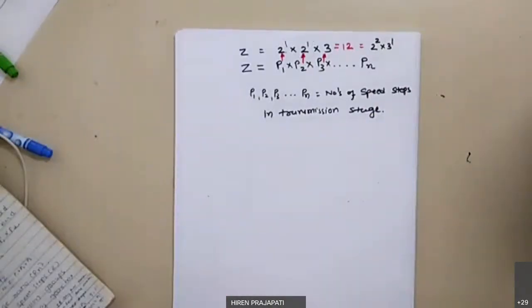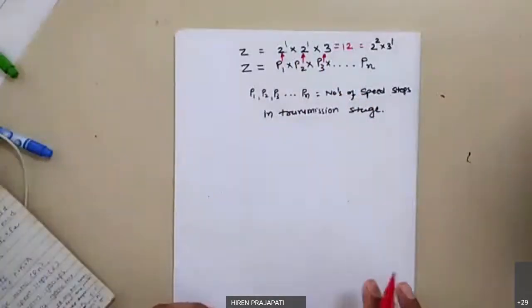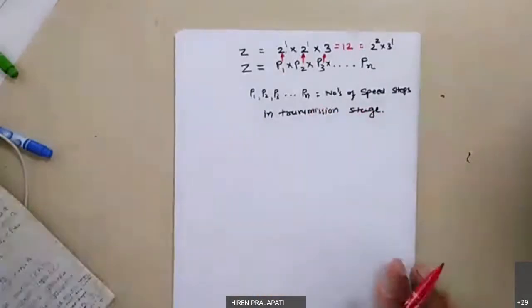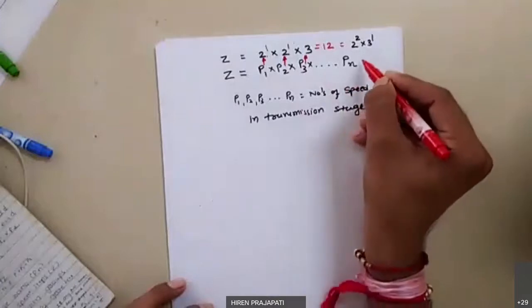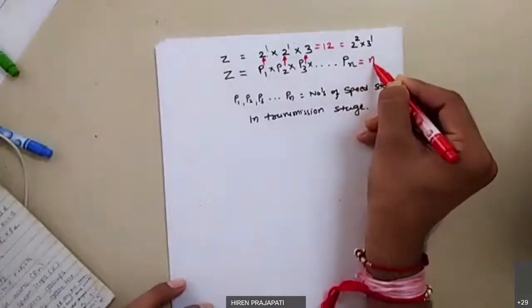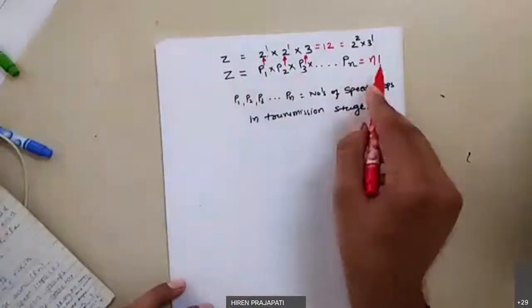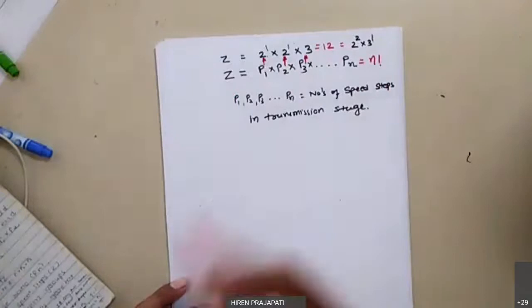So in that way, what are the possibilities to attain the required number of speeds? That is n factorial. What are the possibilities of the structural equation? That is n factorial.